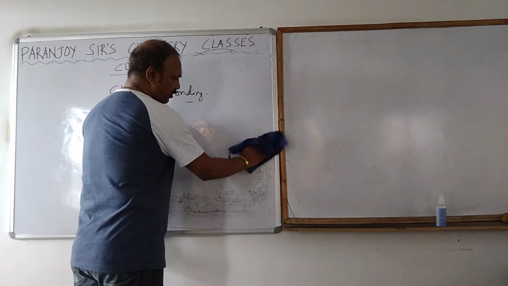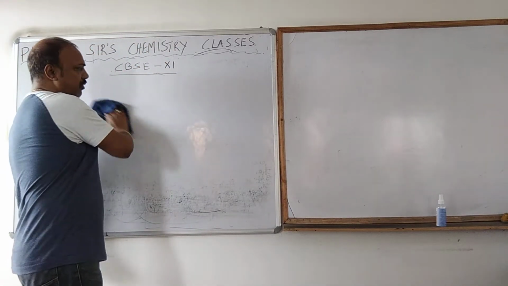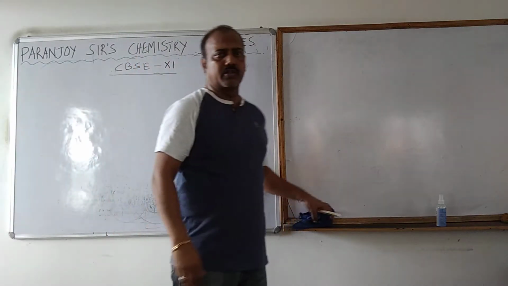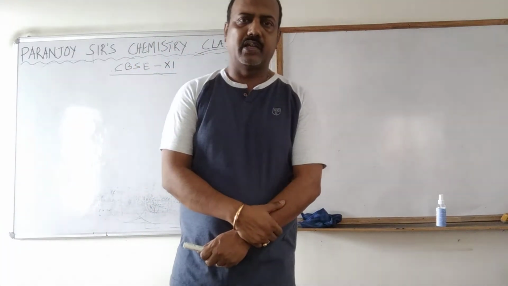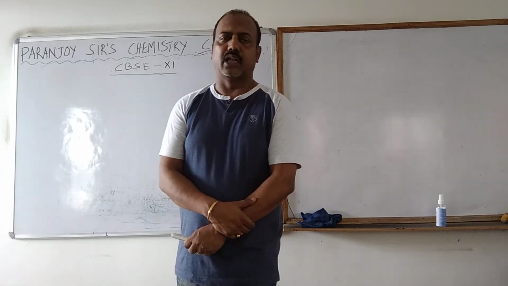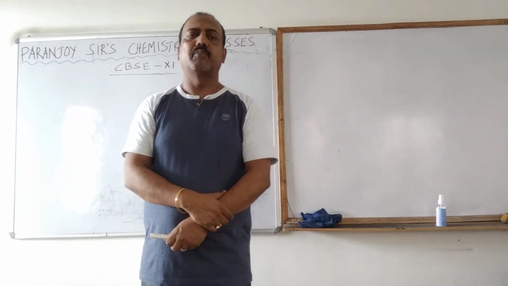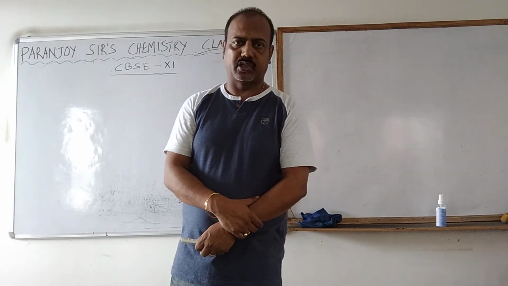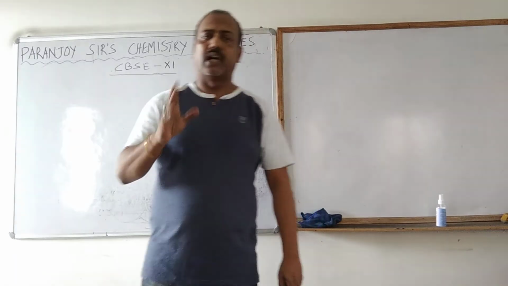By the loss and gain of electrons, they produce the positive ion and the negative ion. And this positive ion and negative ion, or the cation and the anion, are attracted by each other by electrostatic forces, and that is what is known as ionic bonding.